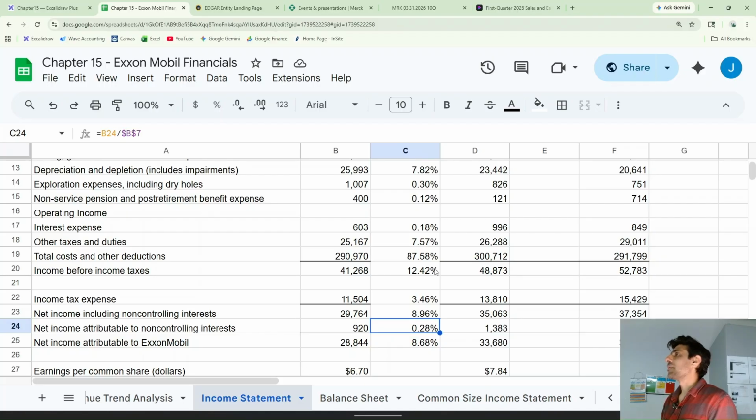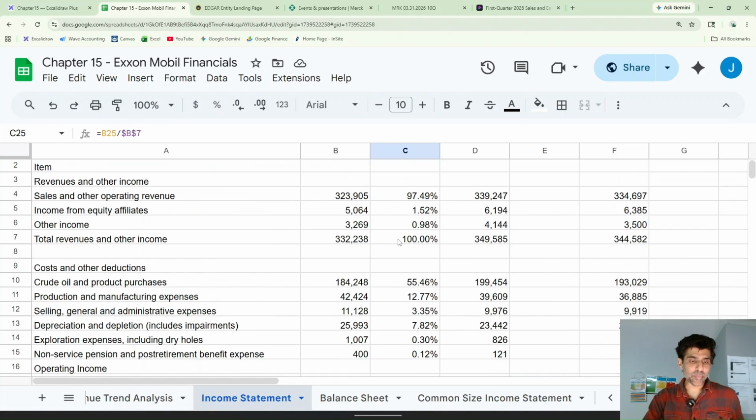You'll probably cover it in intermediate or advanced accounting. But basically, this is the net income for the shareholders of ExxonMobil. Okay, and you can see it's 8.7% of this total revenue. Okay, so for every $100 of revenue, they only have $8.50 of profit. Okay, everything else is going to taxes or expenses or whatever.